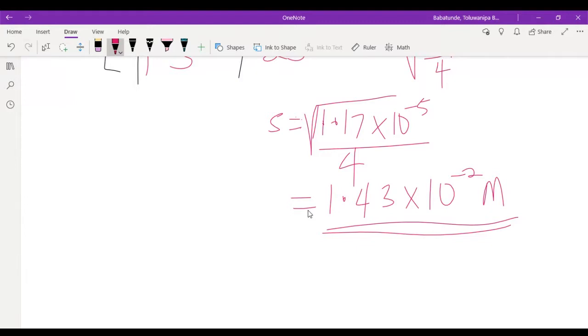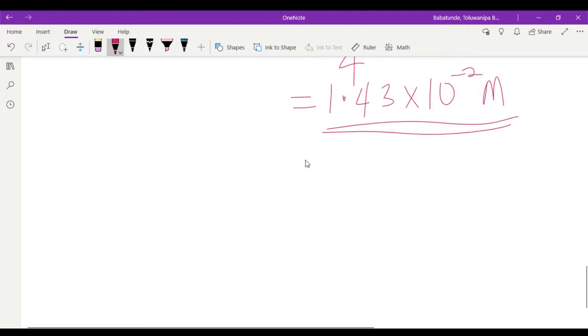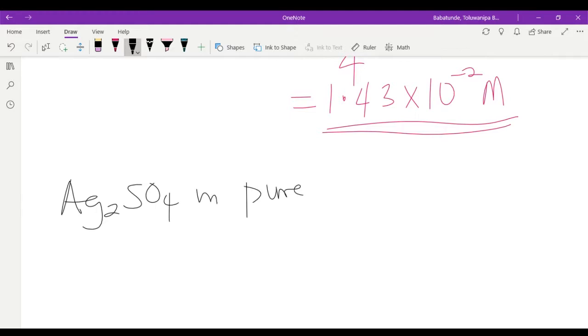So another example that we can take a look at is the molar solubility of silver sulfate, Ag2SO4, in pure water.